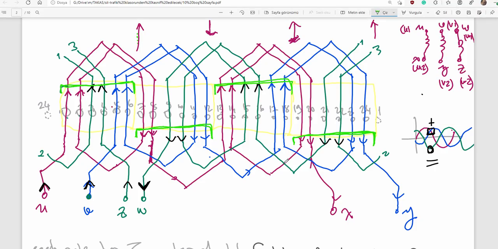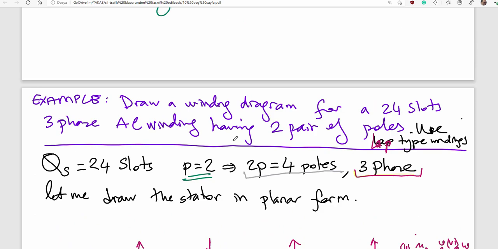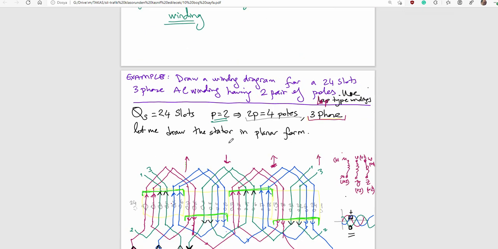Okay, that is the three-phase AC windings. Let me summarize, and in fact it is just a summary, just a sketch of how it looks. In fact, there are lots of books covering hundreds of pages because there are lots of different winding types. Here I mention only lap winding.